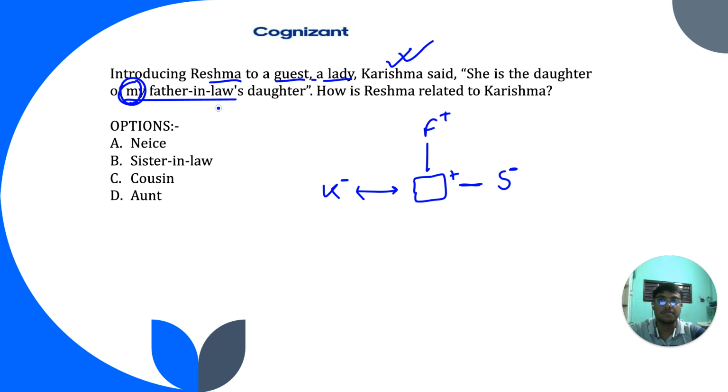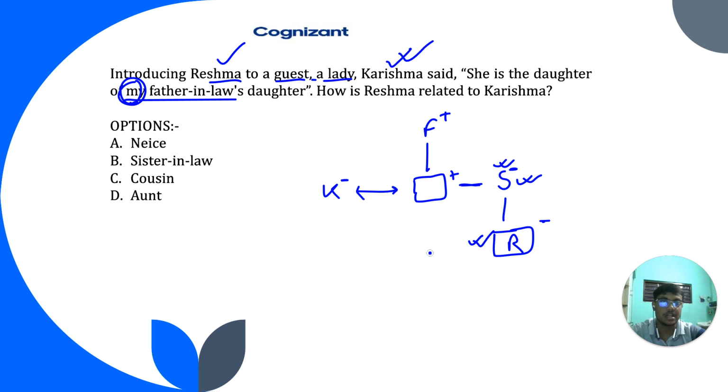She is the daughter of my father-in-law's daughter. So this is father-in-law's daughter, and father-in-law's daughter's daughter is whom she is talking about. And she is talking about whom? Reshma. So Reshma is Karishma's father-in-law's daughter's daughter.